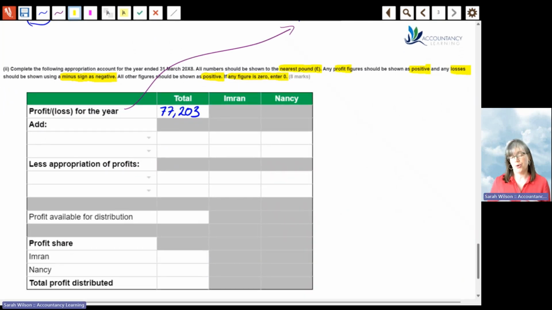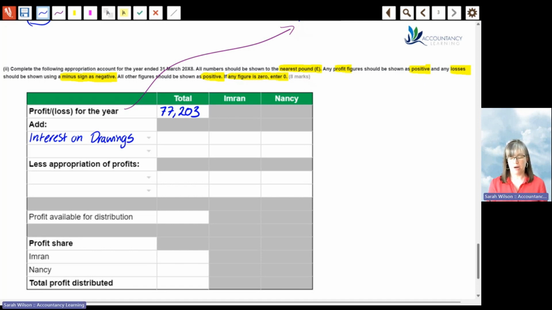Now, adding to the profit for the year, we're going to be adding on interest on drawings. So again, you're going to have the options for the drop downs. So you're going to add on interest on drawings.